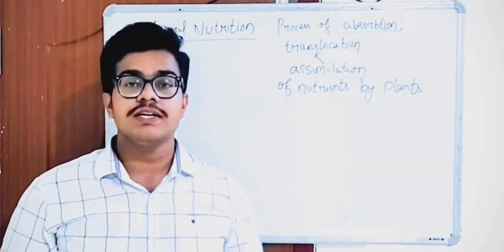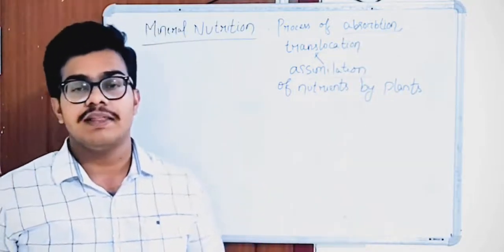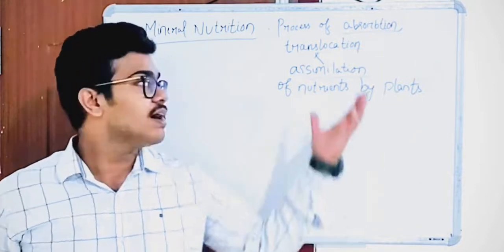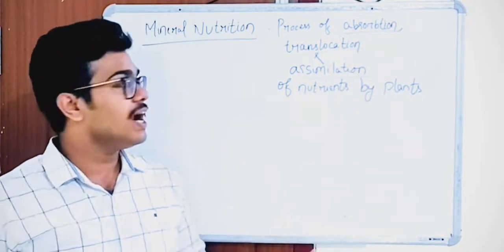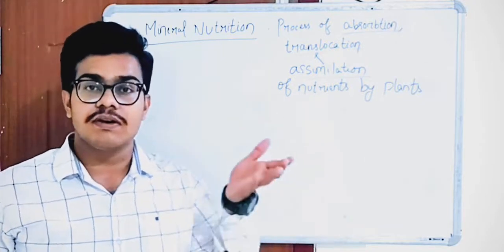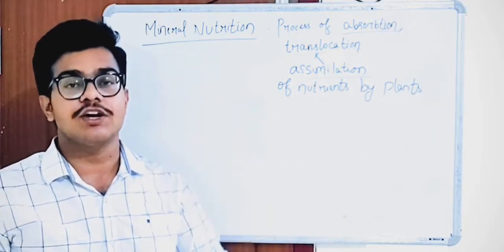Absorption is when the nutrients are absorbed, from the decomposition of the minerals, by the plant's roots or root hairs. Absorption is the first intake of the nutrients.